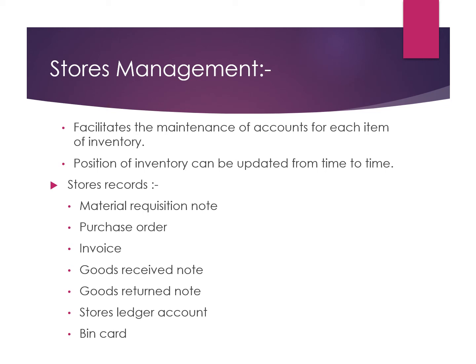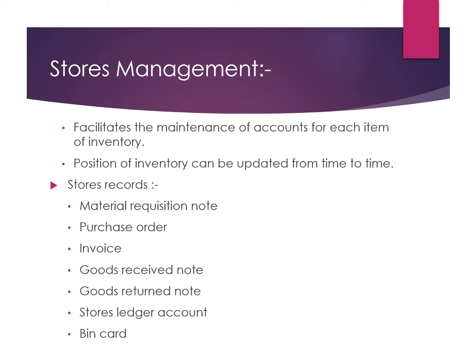Now coming to stores records. So what type of store records does the company have to maintain? In the stores records, we have material requisition note, purchase order, invoice, goods received note, goods return note, stores ledger account, and bin card, which the stores manager will be maintaining as a record.